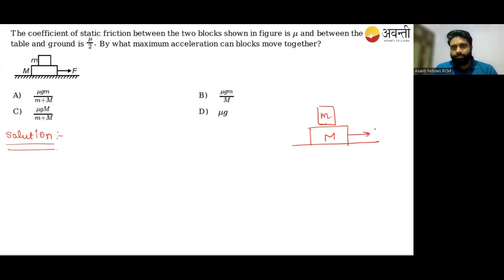The block capital M is pulled by a force F. The coefficient of static friction between the two blocks shown in the figure is mu, and between the table and the ground it is mu by 2. Now, by what maximum acceleration can the blocks move together?